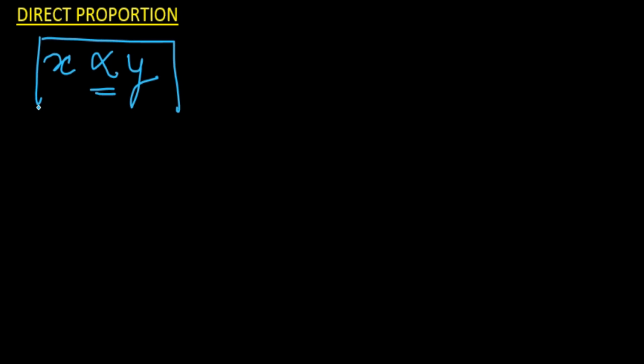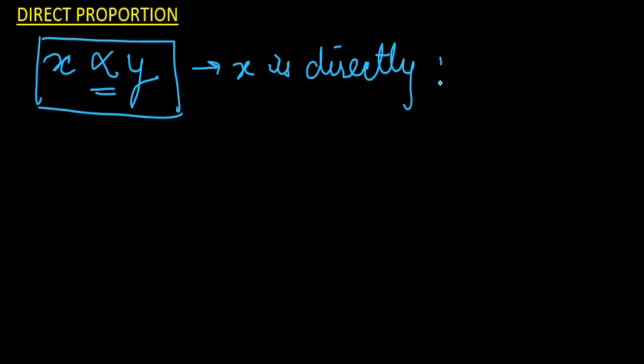Also, if there are two quantities x and y in direct proportion, then we represent direct proportion by this symbol. We say that x is directly proportional to y. I hope this much is clear to everyone.